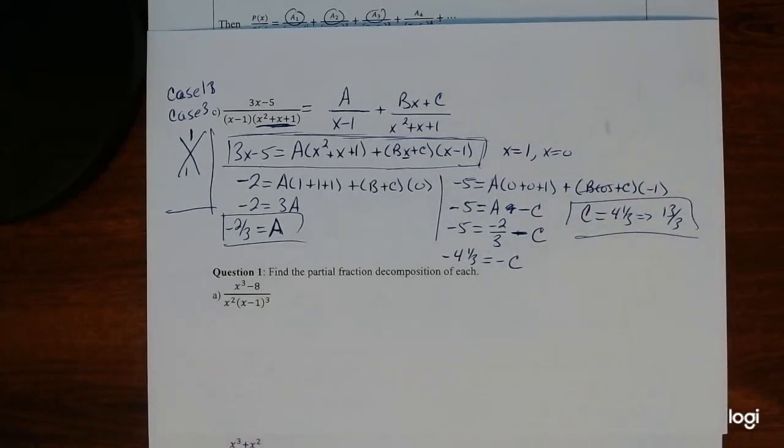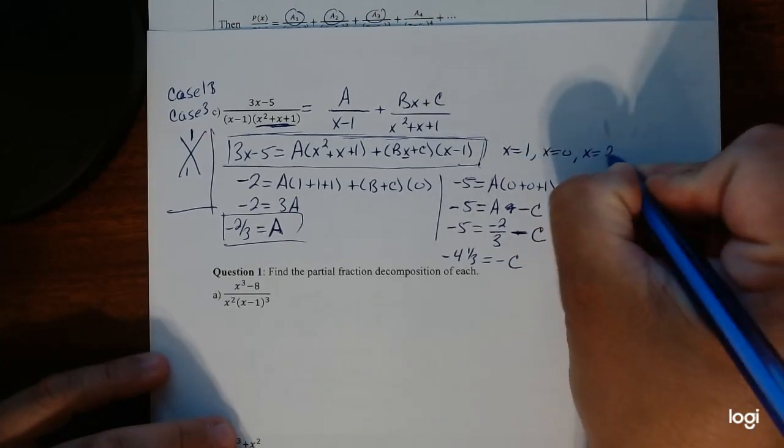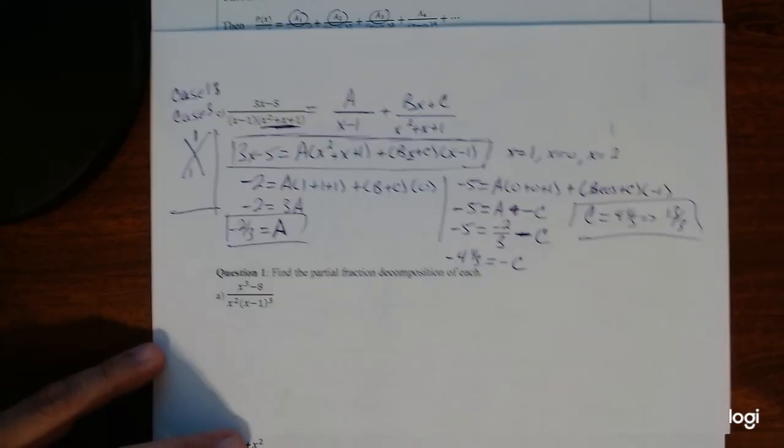And again, at this point, we're still missing b, so we just plug in any number we want for x, because we know what c and a are. So again, I'll just plug in x equals, let's say, 2. I don't want anything really big. So plugging in x equals 2 everywhere we see it.